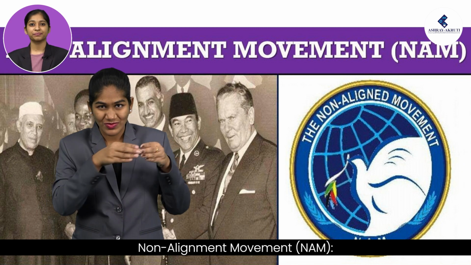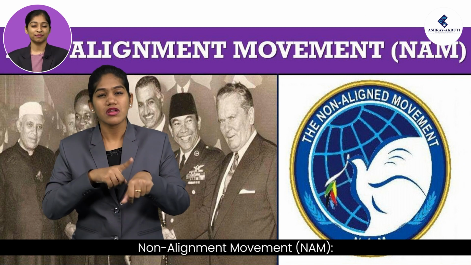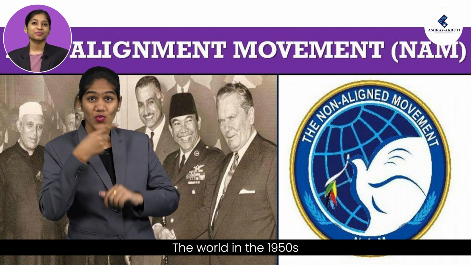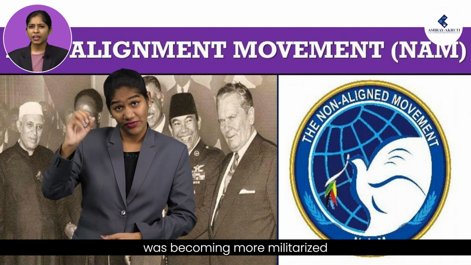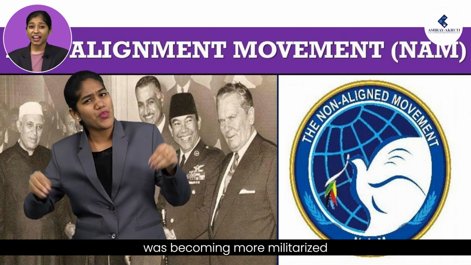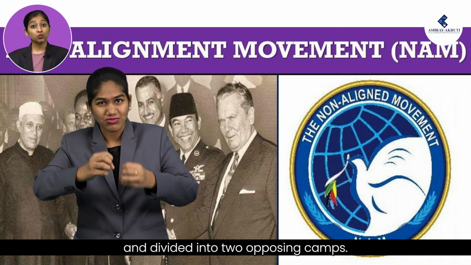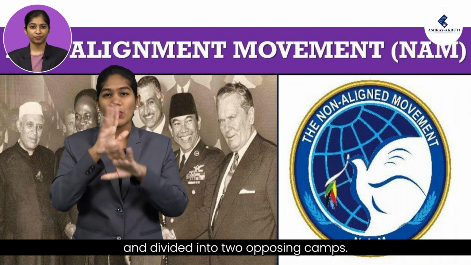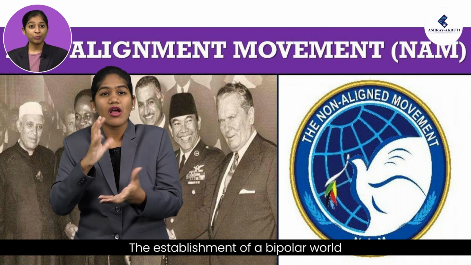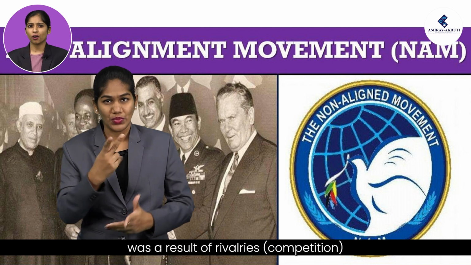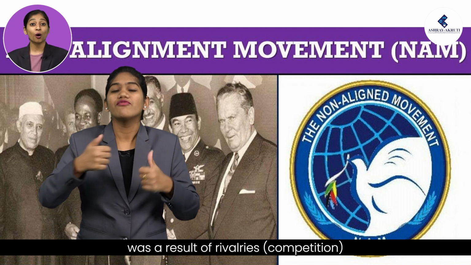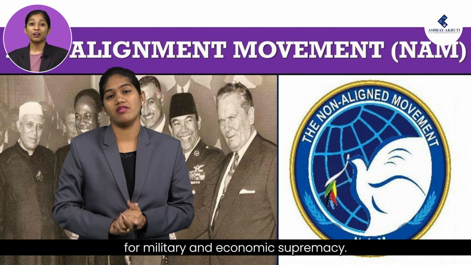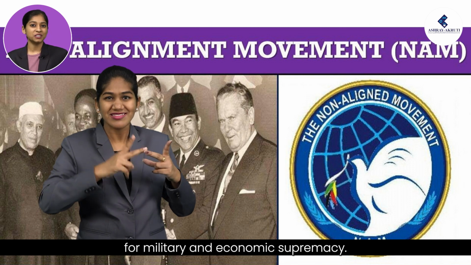Non-alignment movement, NAM. The world in the 1950s was becoming more militarized and divided into two opposing camps. The establishment of a bipolar world was a result of rivalries between superpowers for military and economic supremacy.